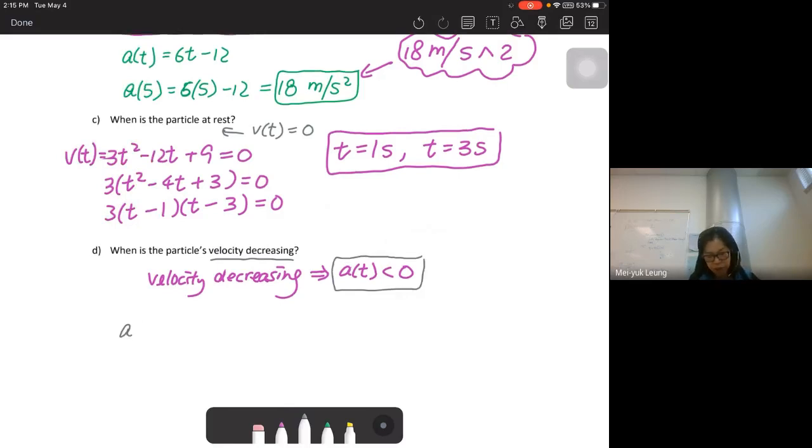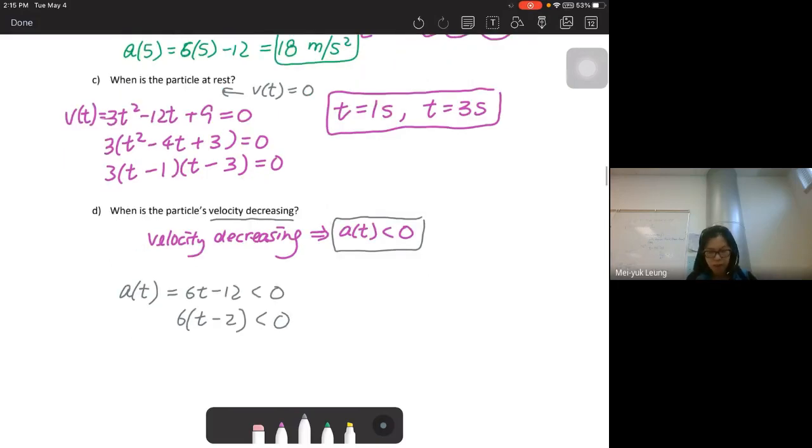So the acceleration function is a of t equals 6t minus 12, and you're going to make it negative, less than 0. Okay, so you're looking for when, taking 6 out from these two terms, you have 6 times t minus 2 is less than 0. So you understand that the only way to have a negative acceleration is when t is less than 2.